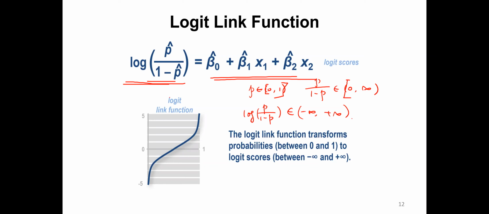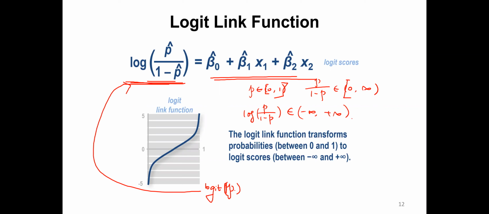The Logit link function: if you have P, you put Logit right here. This will be the Logit link function. Logit is actually equal to this one.